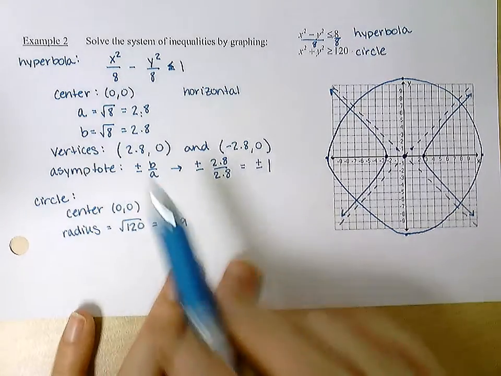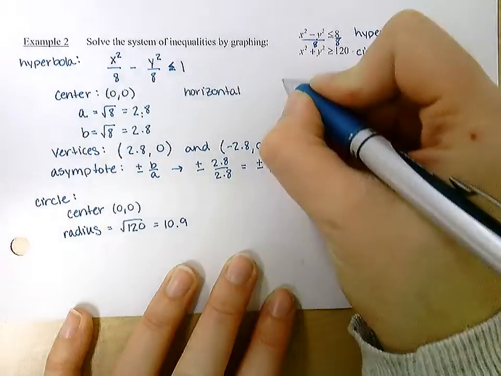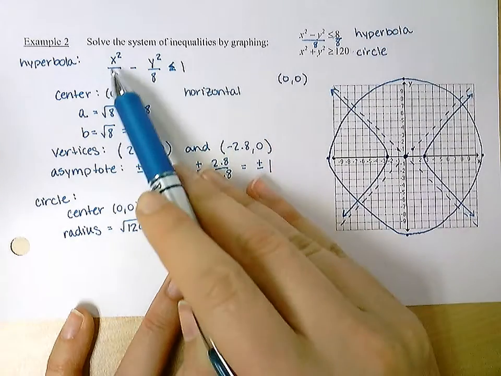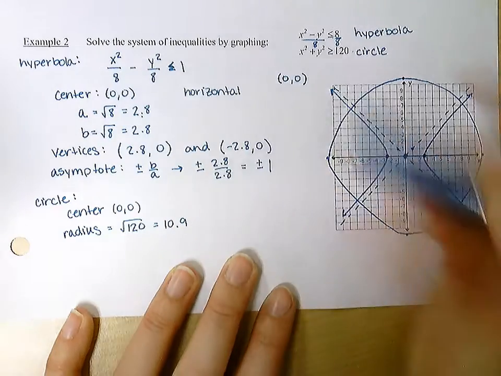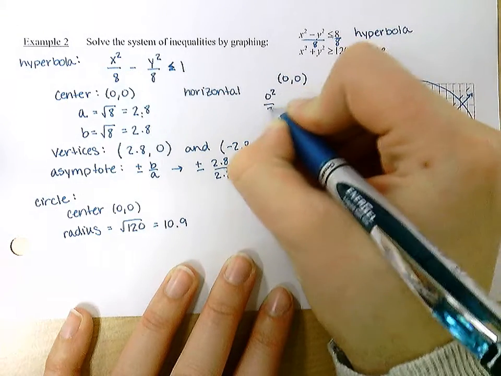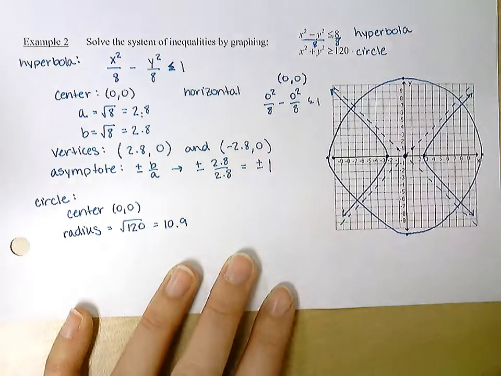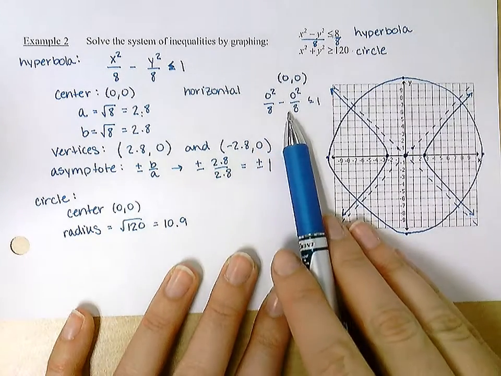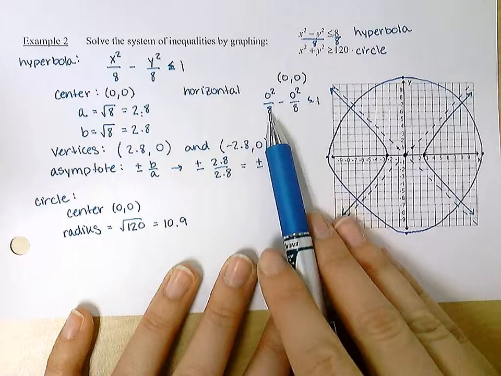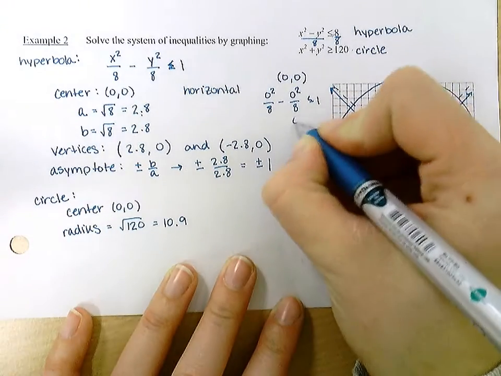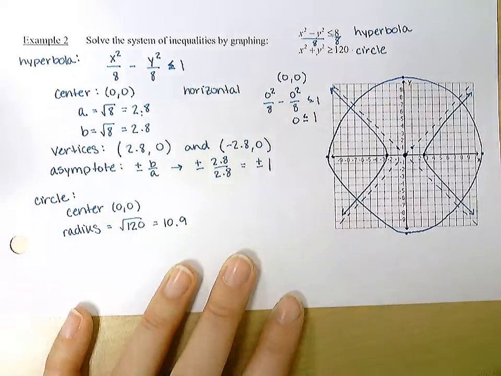Okay, so for the hyperbola, we're going to use 0, 0. Plug in 0 for x and 0 for y. Okay, so if I have 0 over a number and 0 over a number, it's still just 0. So 0 is less than or equal to 1.